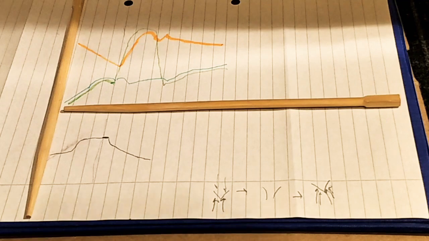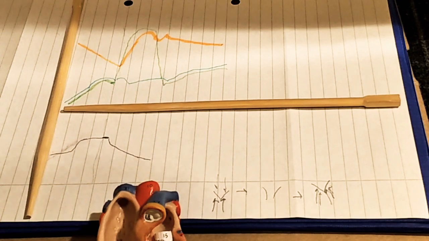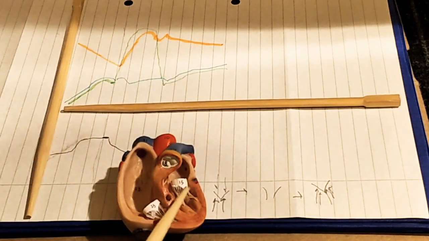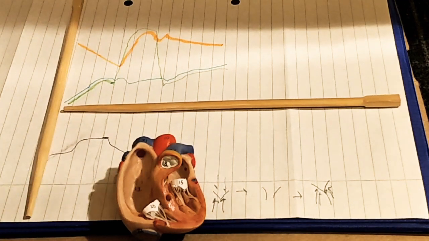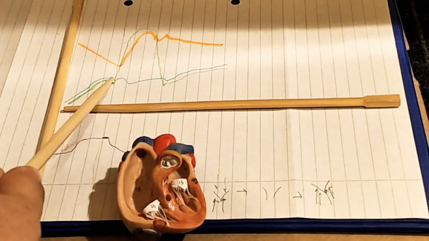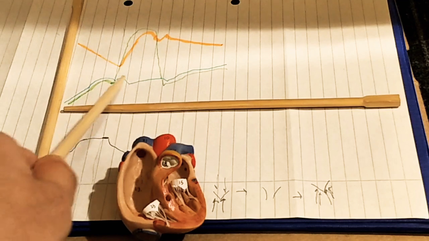The pressure that the backflow of blood is exerting on the mitral valve is also transmitted to the atria. So that's why you can see an increase in pressure of the atria.